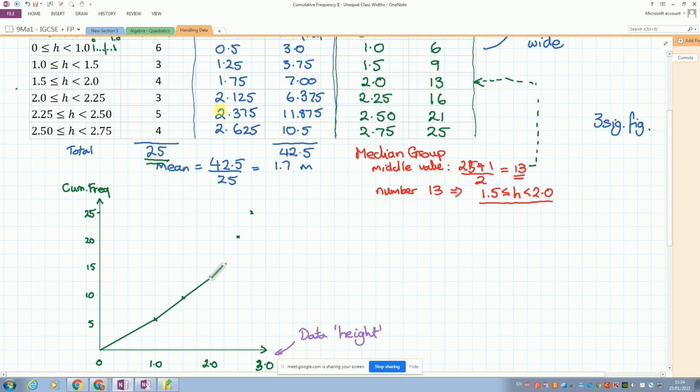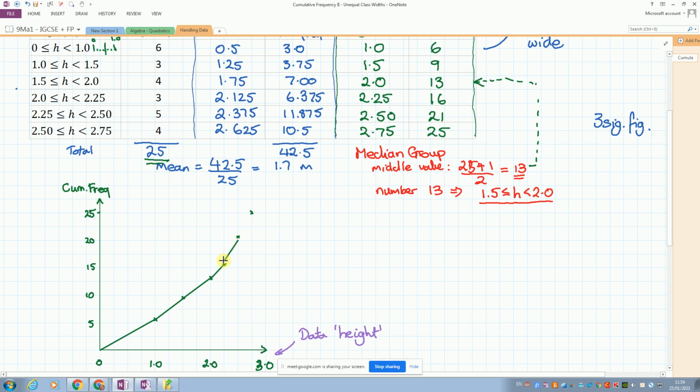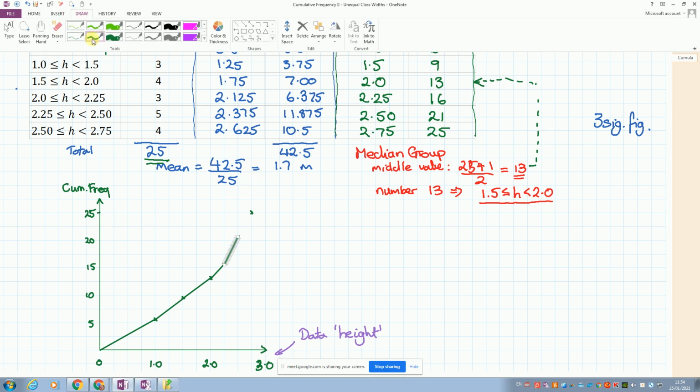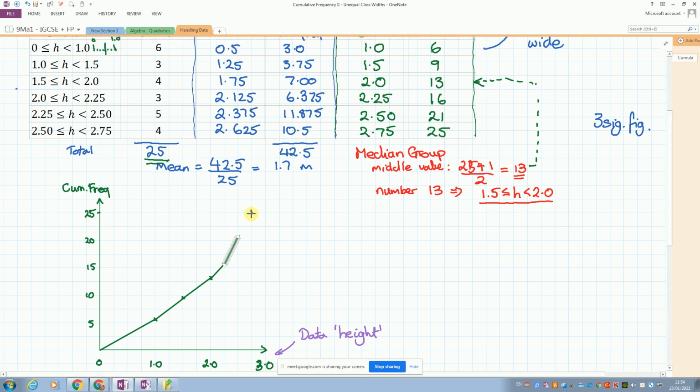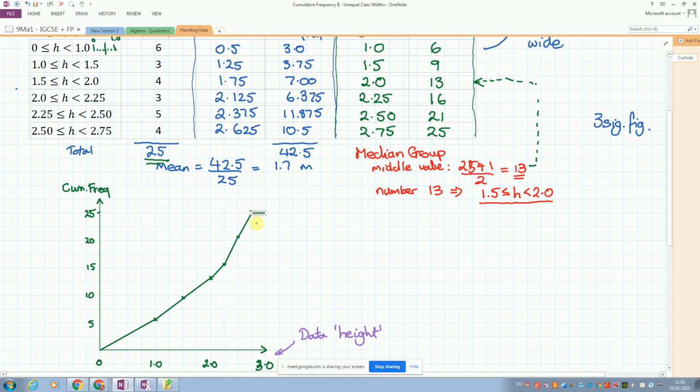And my question is, how do I go about finding median and the quartile ranges? How many sunflowers have got less than 3.0 metres? Still 25. So at the top, my line goes horizontal.